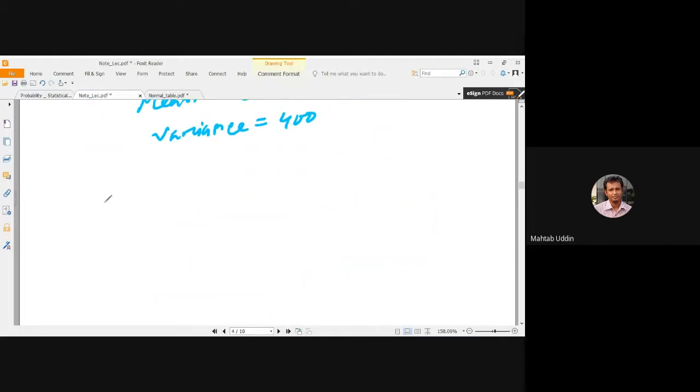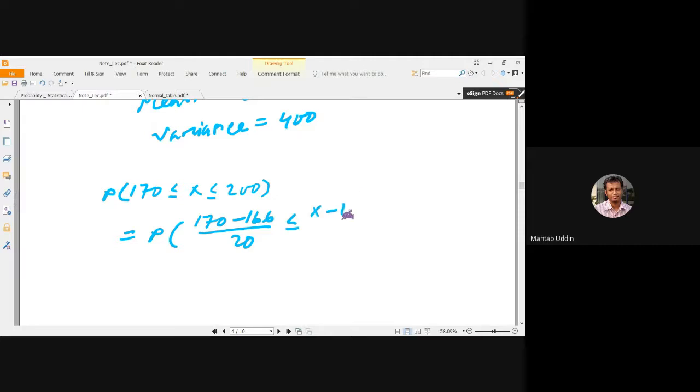Then they asked to find probability 170 less than or equal x less than or equal 200. Simple. From each part, subtract 160 and divide by 20: 170 minus 160 over 20 less than or equal x minus 160 over 20 less than or equal 200 minus 160 over 20.